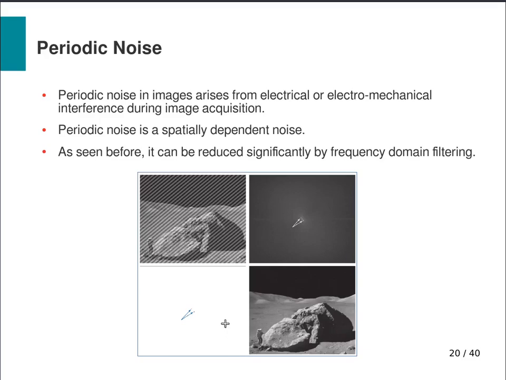That means that any frequency component that falls in the white region is going to pass, and we only have two dots with black value or 0 value, which basically stop the two spikes that are caused by the periodic noise. So if you apply this mask to this image and then calculate the inverse Fourier transform, this is the image that we get. As you can see, the periodic noise is completely eliminated in the result.